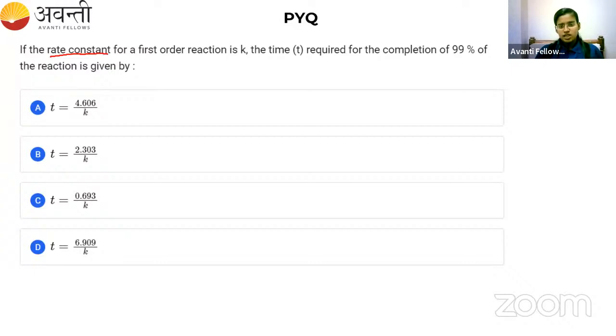Sivamani is saying option D. What about others? Let's give some time for others. Srujana is saying option C. So which is the correct answer? Let's wait for others for some time, then we will discuss. So three of you are going for option C.